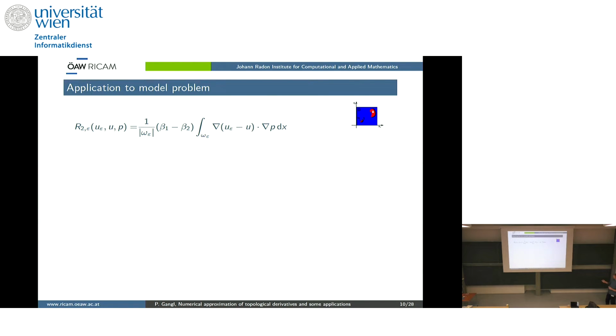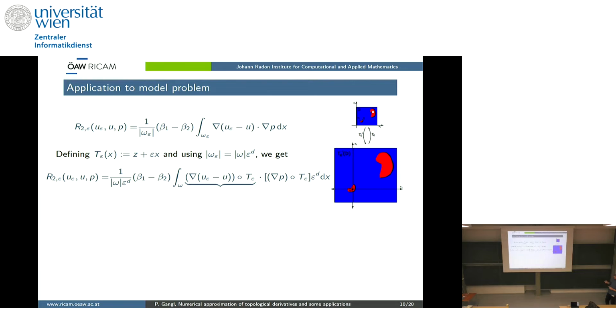So this is the perturbed setting that we saw before. We now do a change of variables, meaning that we shift the origin to be inside the inclusion. So the inclusion is now not around the point z, but around the point 0.